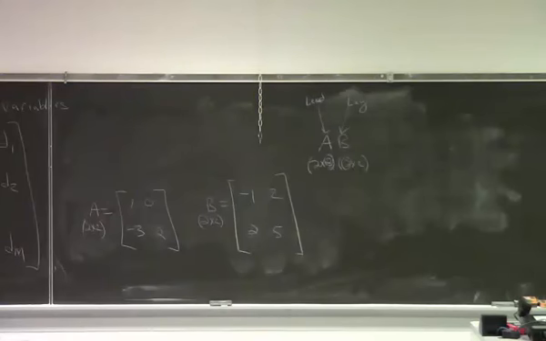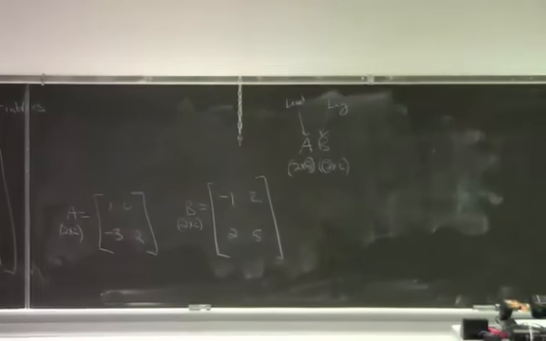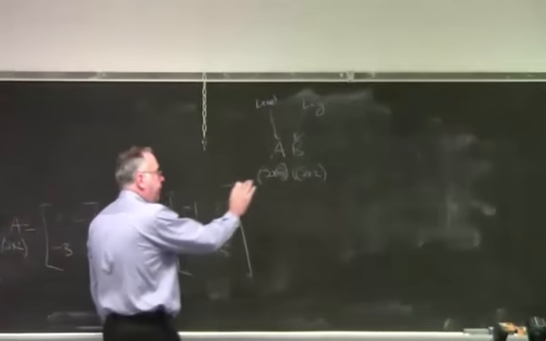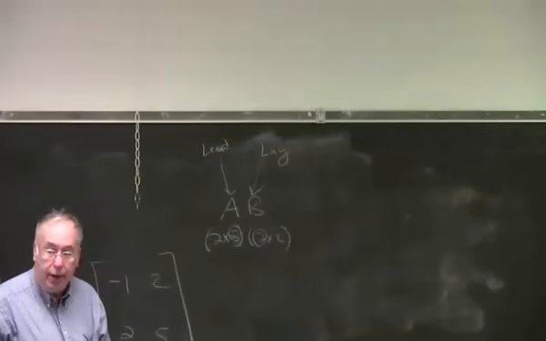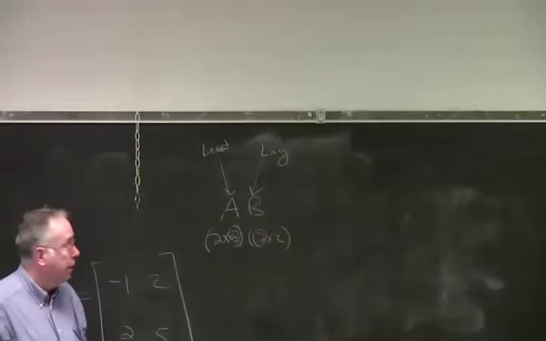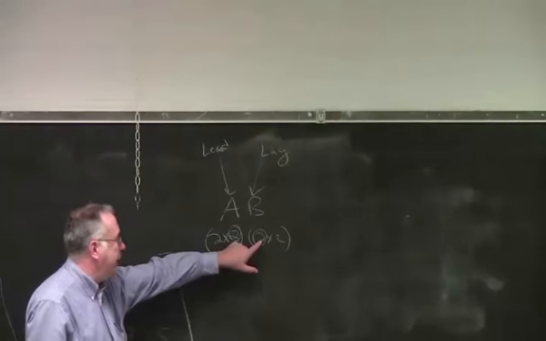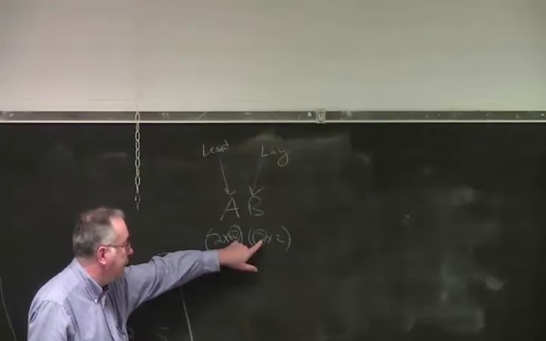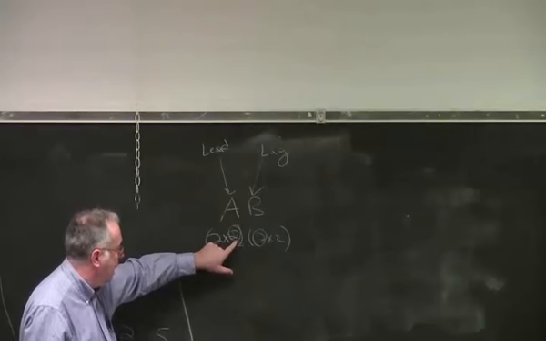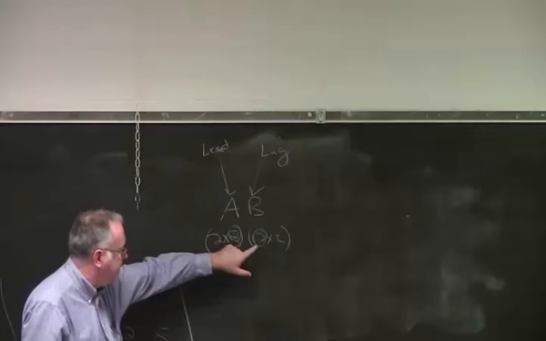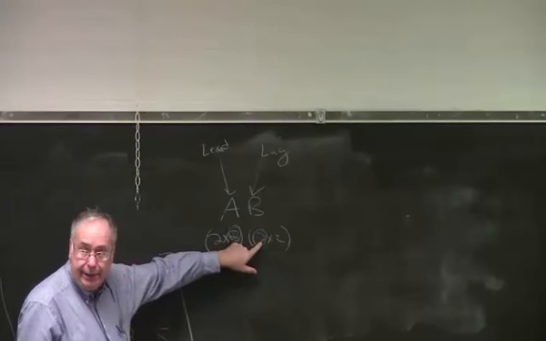If those two numbers were different, then you could not perform matrix multiplication. For example, if this B matrix were a 3 by 2, you couldn't calculate A times B. If this number were anything but 2, you couldn't perform the operation. The number of columns in the lead matrix has to be equal to the number of rows in the lag matrix.